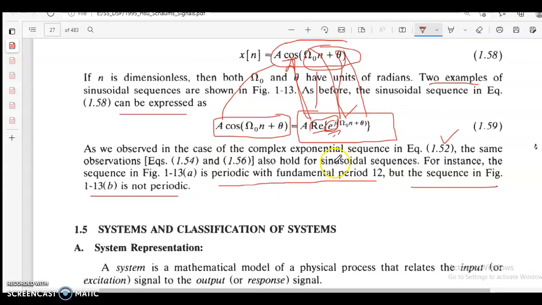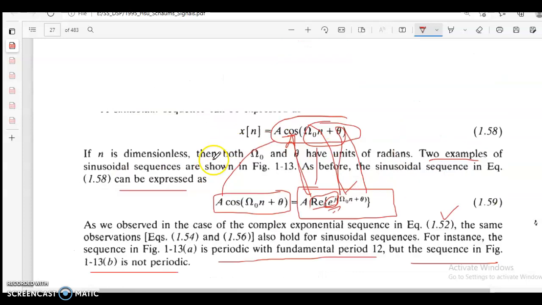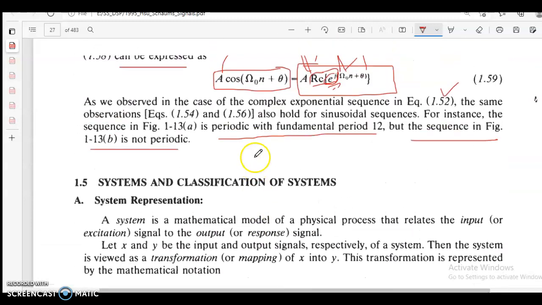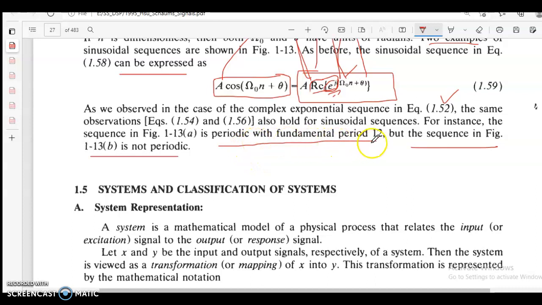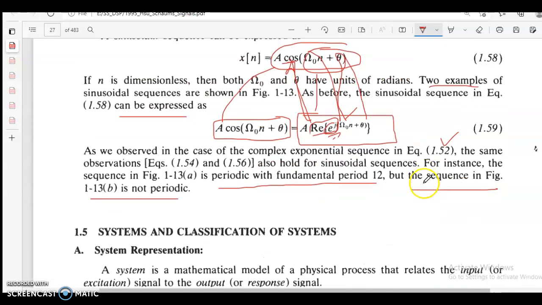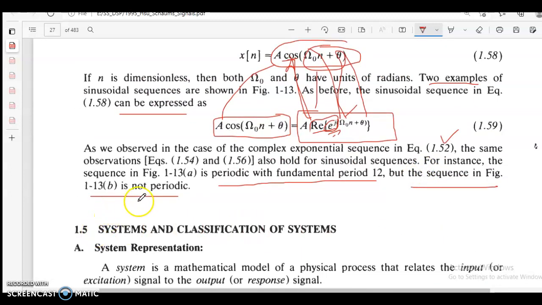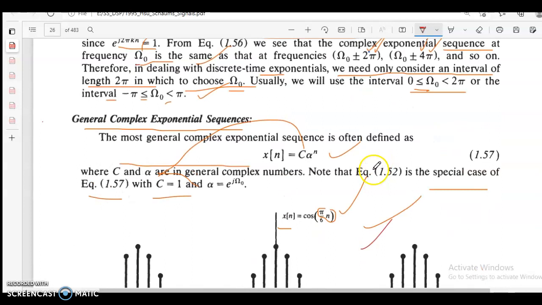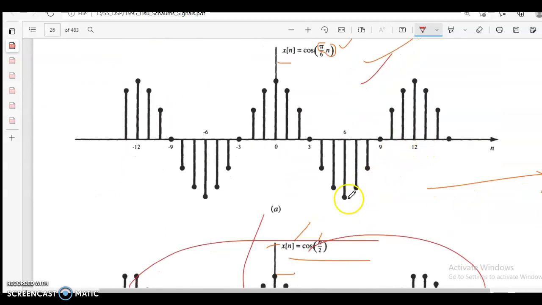The same observations also hold for sinusoidal sequences. For instance, the sequence in figure 1.13a is periodic with fundamental period 12, but the sequence in figure 1.13b is not periodic.